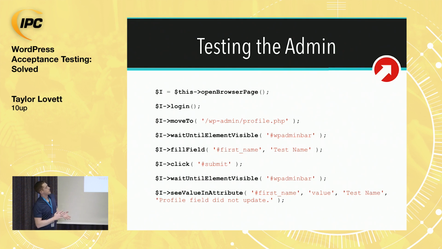Pretty simple test, and pretty useful to test that your profile has been saved. I mentioned Codeception and Puppeteer. WP Acceptance in the background does work off of Puppeteer, so these methods are essentially routing calls to Puppeteer.